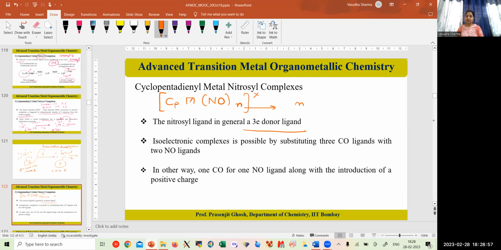So isoelectronic complexes are possible by substituting 3 CO ligands with 2 NO ligands. Why are we talking about the three? So here we need to understand one thing.